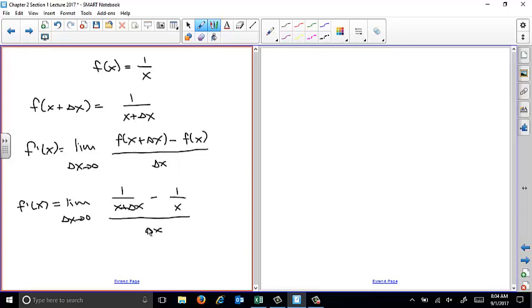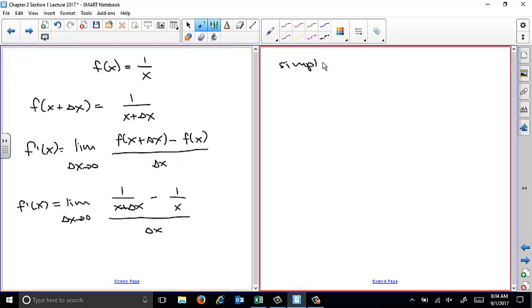So we somehow have to manipulate things, and the first thing we always do is simplify. What do you think we might do to simplify? How about combining the two terms into a single fraction? That sounds like a good idea. Let's try that.